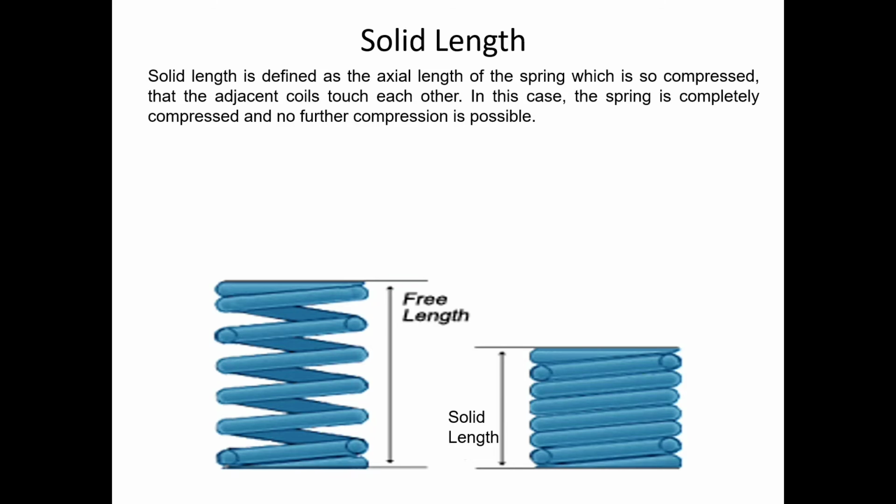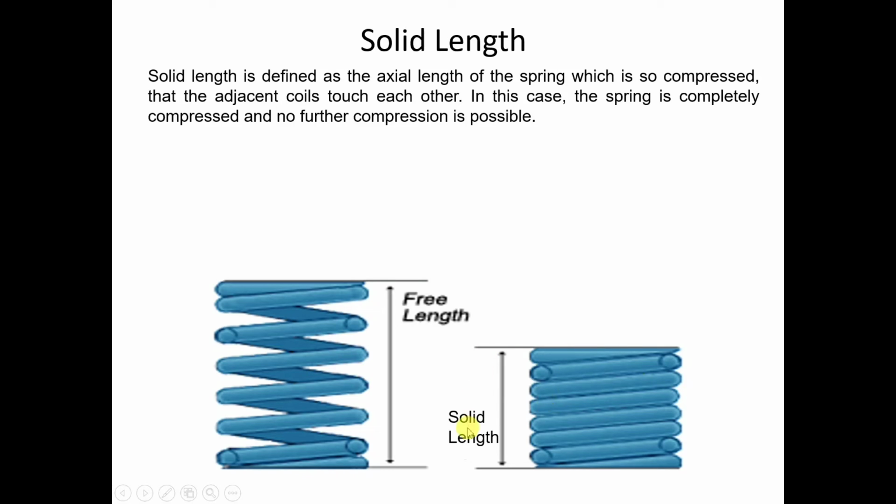Solid length. Solid length is defined as the axial length of the spring which is so compressed that the adjacent coils touch each other. In this case, the spring is completely compressed and no further compression is possible. Suppose you have a compression spring and you have applied some compression force, so that the gap between any two adjacent coils almost becomes zero, like this.